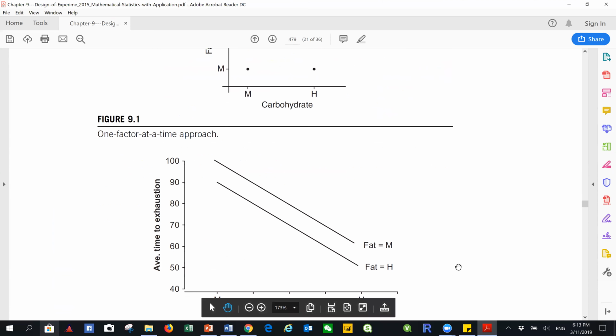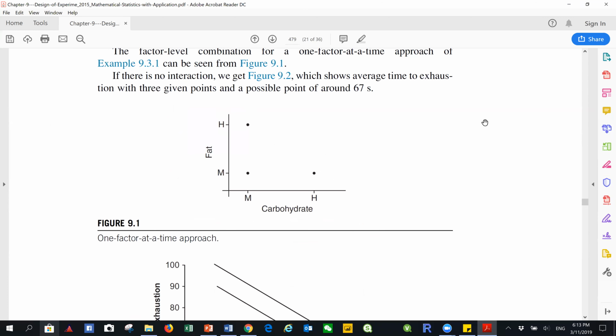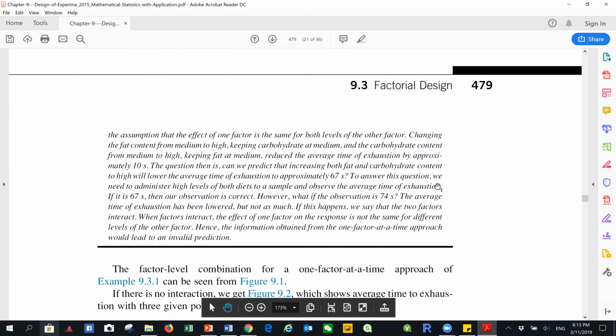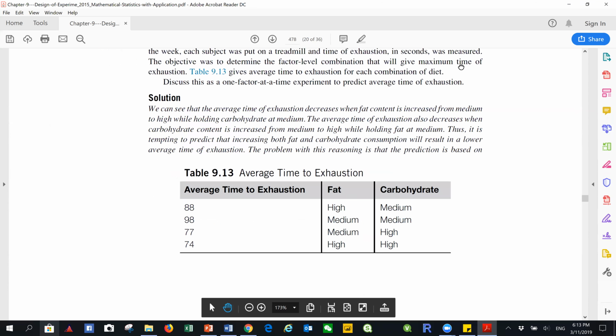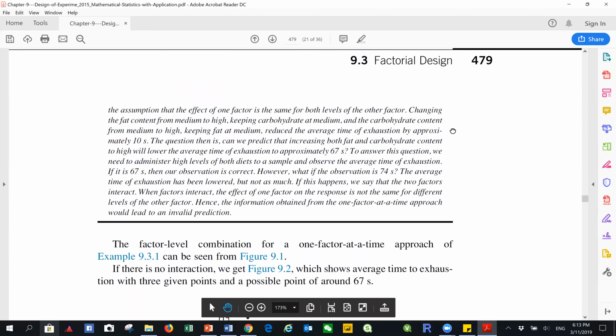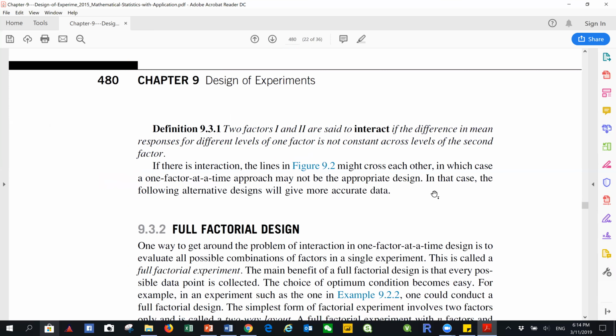You see, exhaustion time is low. When fat is high and carbohydrate is medium, it's larger. And the same way when fat is low, you can see. So there is no interaction here.